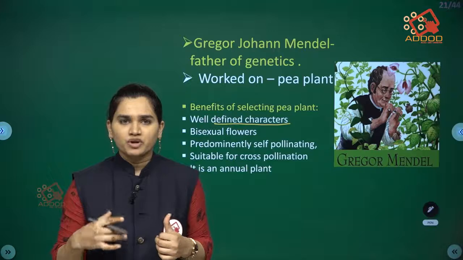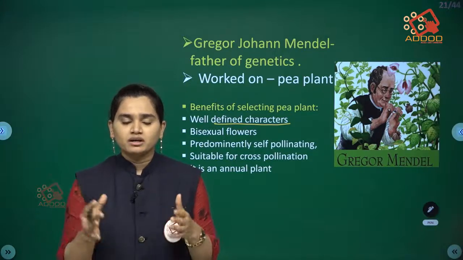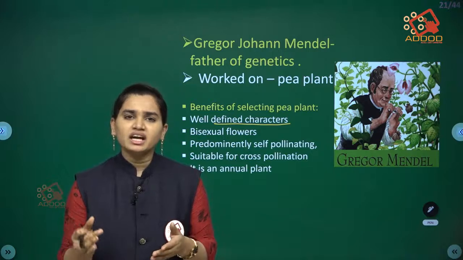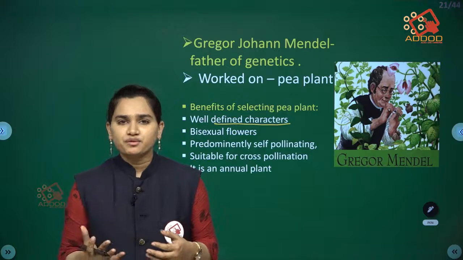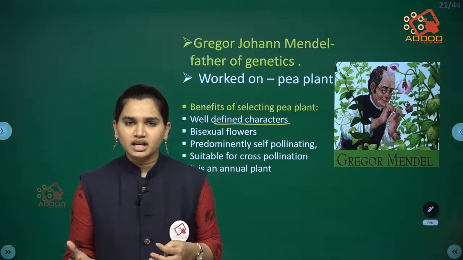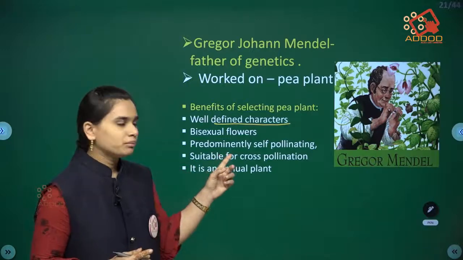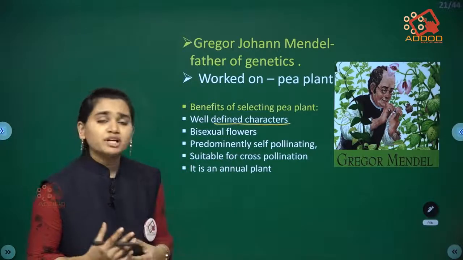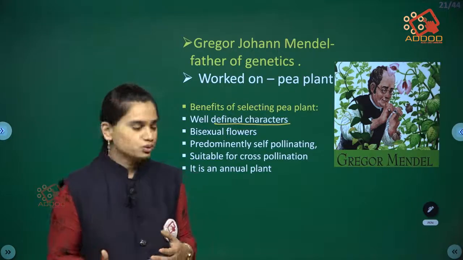For self-pollination, there is no need for honeybees and so on. It can directly self-pollinate within the same flower and produce fruits without any delay or problem. Hence, that was one of the advantages, and it was also very easy for the pea plant to undergo cross-pollination.